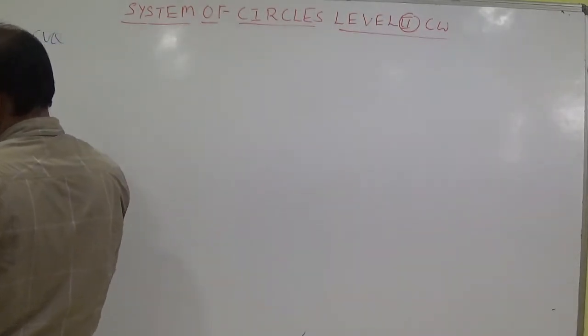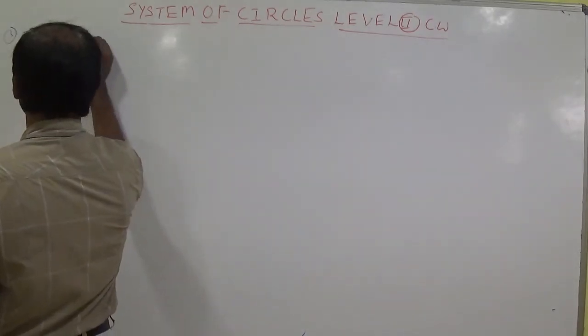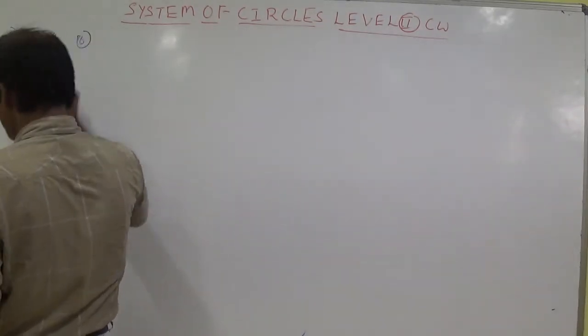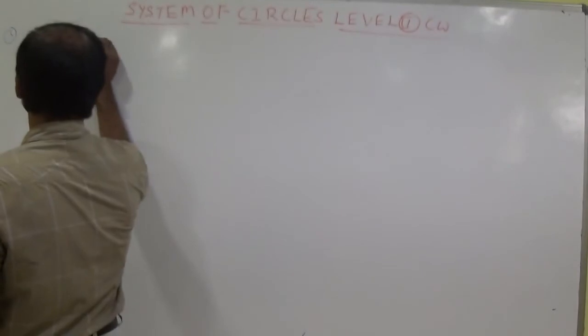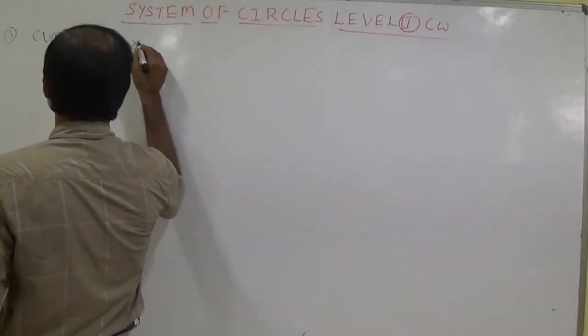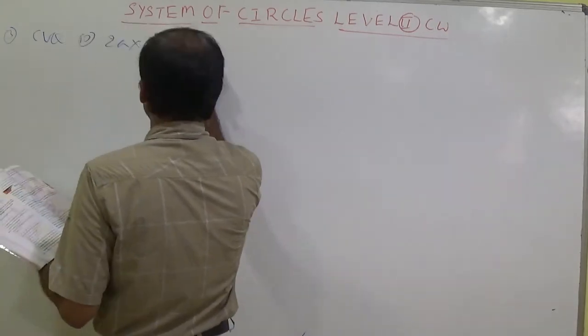In CUQ, in theory bits, we have done the sum, 10th question. The locus in CUQ 10th question, we had written as 2ax + 2by. Depending upon that question, you can solve it as a formula.